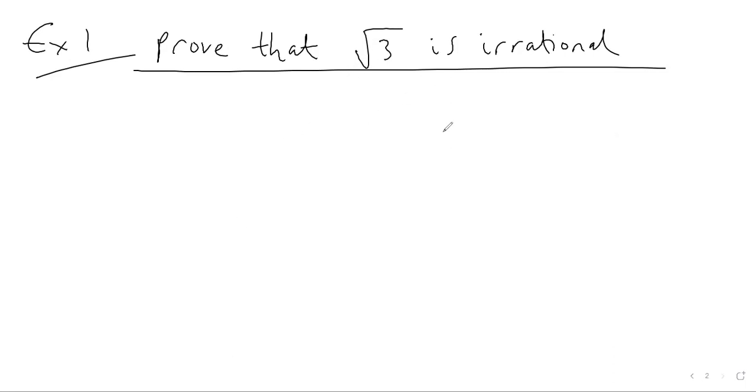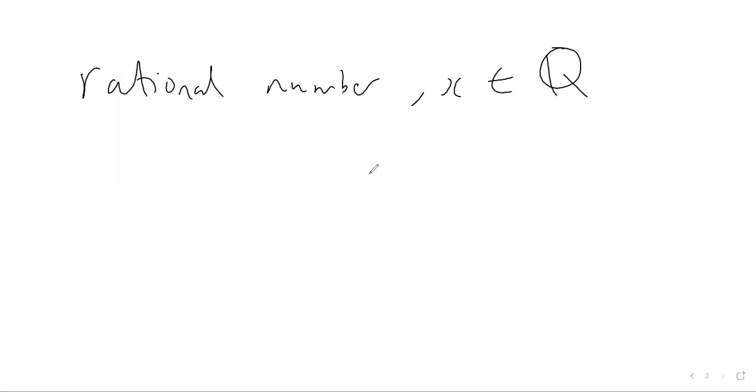So remember, a rational number, let's just go through a summary of this. A rational number, just to remind you, for example, x in the set of rational numbers, this Q notation.